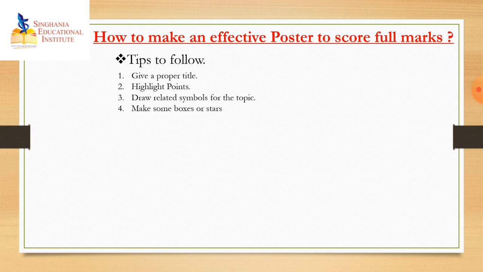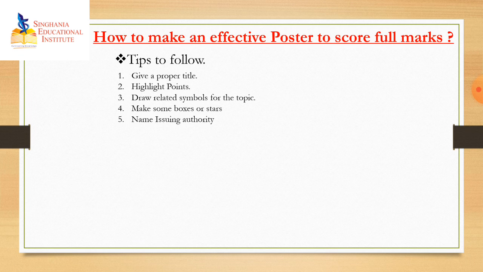Suppose you are not getting any pics related to the topic, you can simply make some boxes and stars and put your matter inside those stars or boxes. It is really going to give a creative look to the poster and definitely going to impress your examiner.